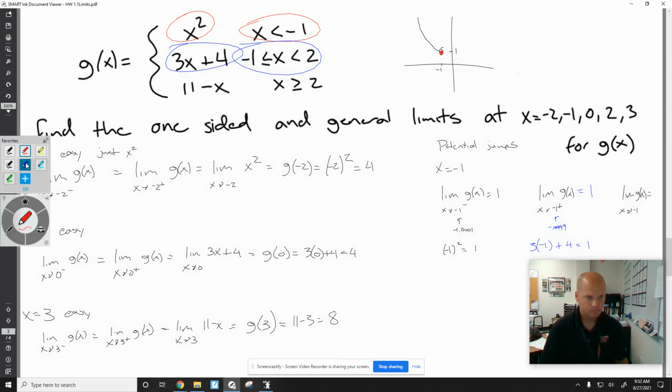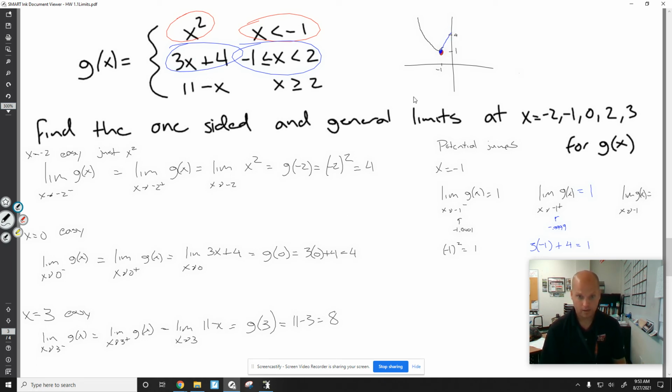I should be using blue. Which means this piece meets up with this piece. They don't jump, they connect, they match up. 3x plus 4, I can plug in 0, I get 4. So it's like this line up here, getting us to 4. Okay, and I'll just stop there. We already know that I'm approaching 4.